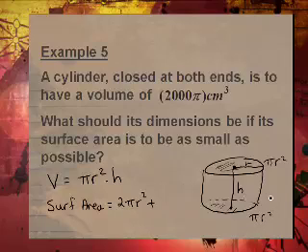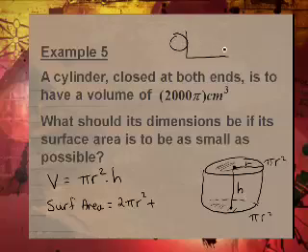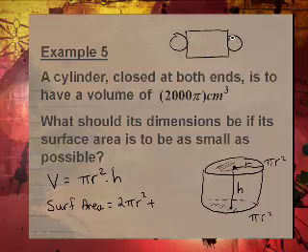And if you remember from earlier years, the curved piece, if you open it up, almost forms a rectangle. It does form a rectangle. This is going to be the height of the cylinder, and this other piece is the perimeter of the circle, which is 2 pi r.